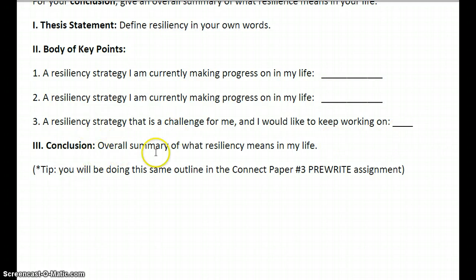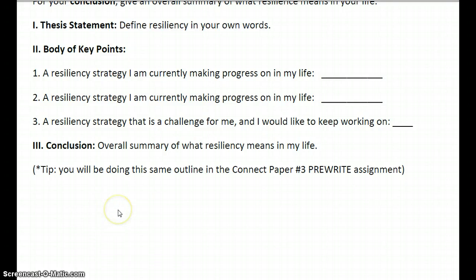For the conclusion, I'd give an overall summary of what resiliency means in my life. And then just as a tip, this particular outline that we just went over, you'll be doing the same exact outline in the Connect paper number 3 pre-write assignment. So this is what your pre-write will look like.